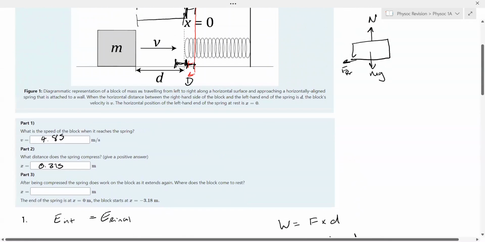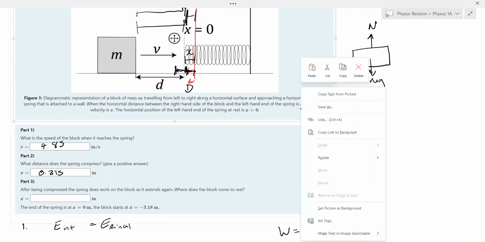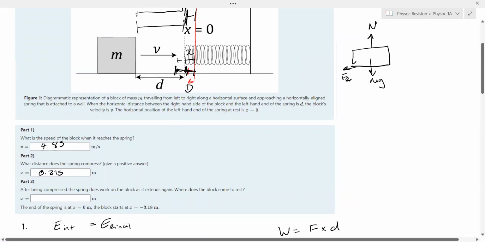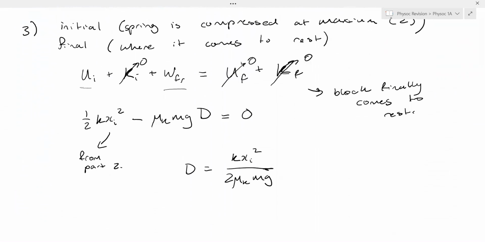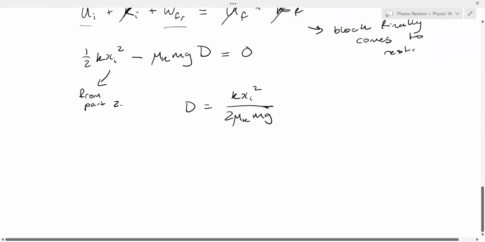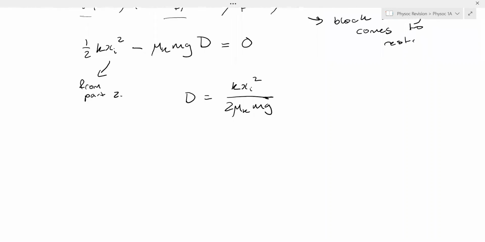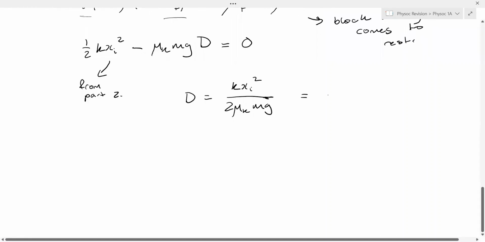So let's say that D is equal to the distance back to the origin, which we know was x_i from part 2, plus some extra little bit that we don't know which direction it is or how big it is, but that's going to be our ultimate finishing position from this initial origin. So we're going to say this is equal to x_i, the distance back to that origin place, plus some other extra bit x. Don't really know what sign that is.